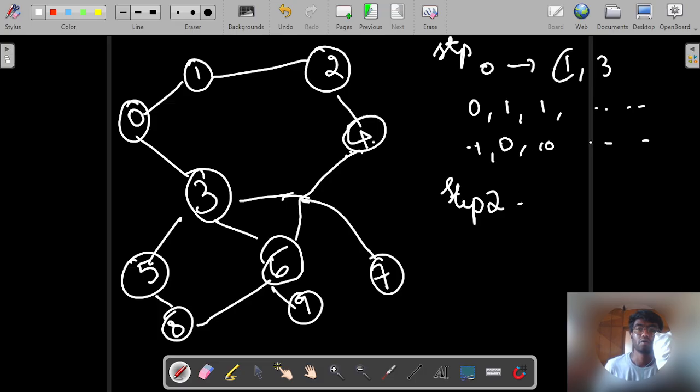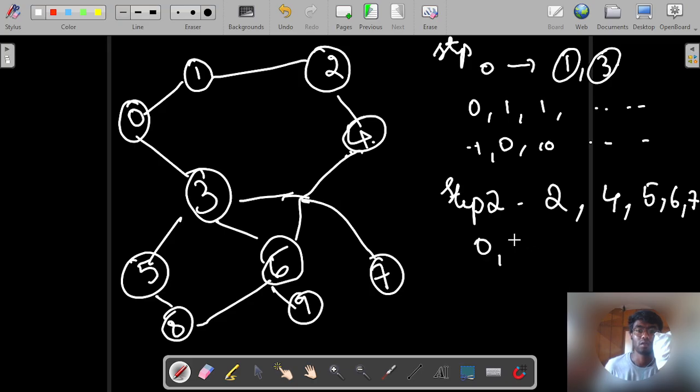Since we have explored 1 and also 3, we also need to push in the related neighboring nodes: for 1 it is 2, and for 3 there are multiple neighboring nodes, 4, 5, 6, 7.